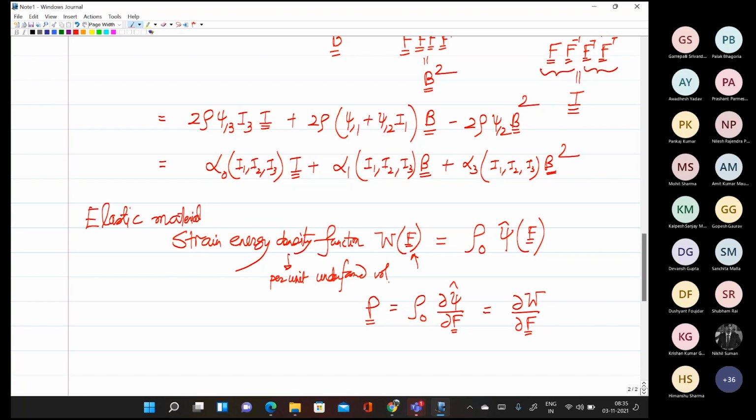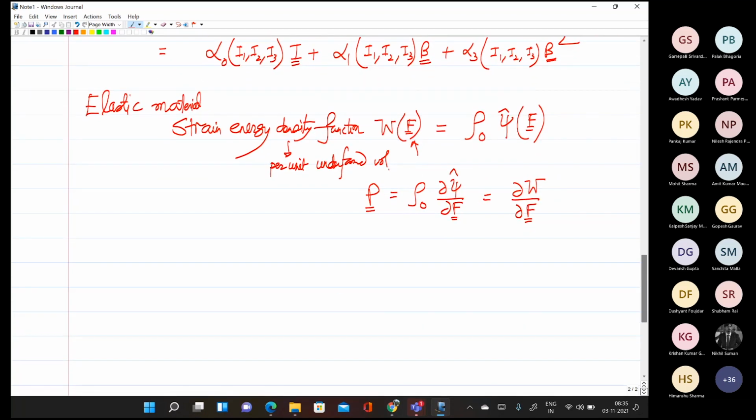There is another kind of symmetry, which is called transversely isotropic materials. I think all of you are aware of this, no? So what we discussed now was isotropic material, but then you also have transversely isotropic material. Can someone tell me what is this material?